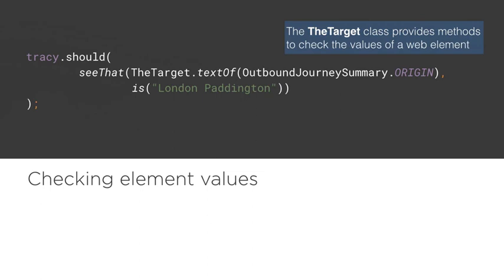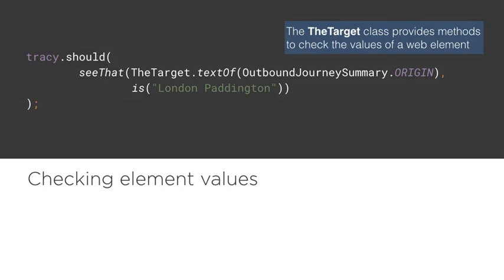Serenity comes with a rich library of components that you can use to query the web page. Here's an example of the one that you saw in the previous example, where we used the Target class, which provides a number of methods that let you check just the value of a web element. Here we're checking the text value.